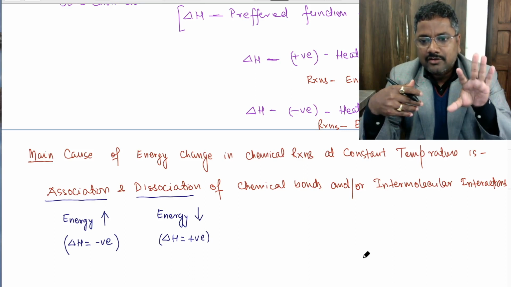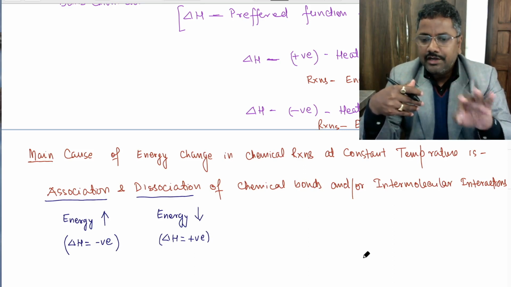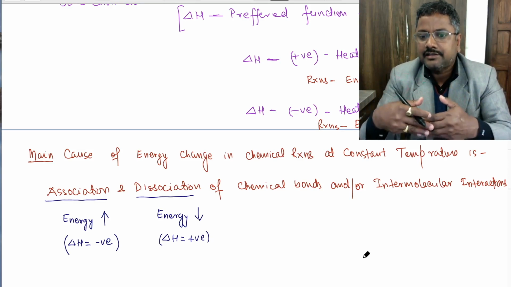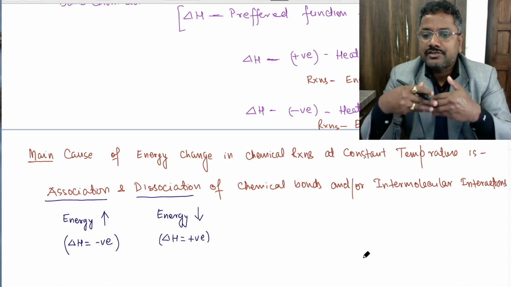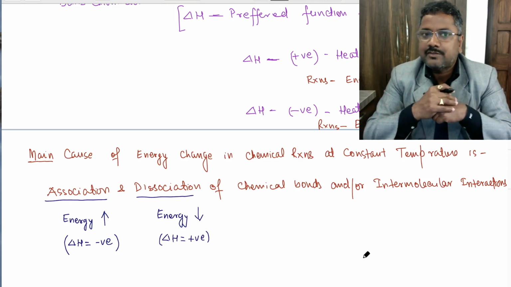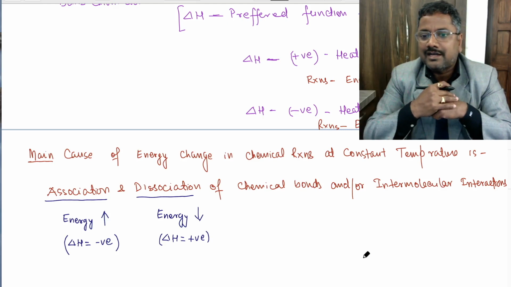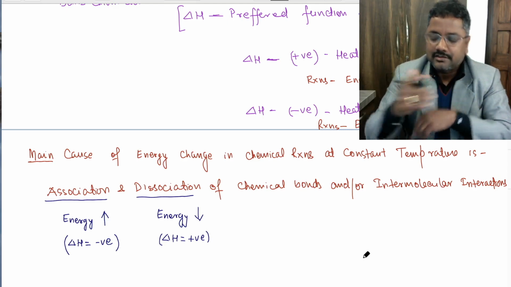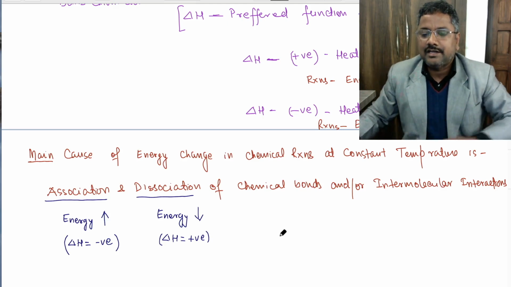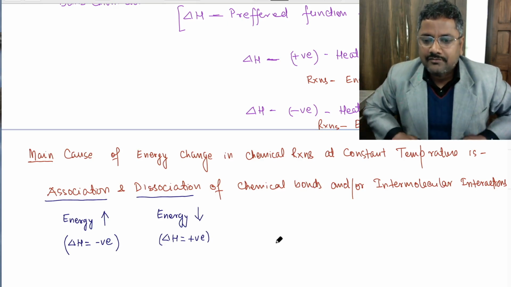Every property we have defined applies here also. The only difference is that in chemical reactions, we take this heat change at constant T and constant P. But in physical processes where only expansion and compression take place, we take constant pressure only, not constant temperature, because in that case delta H would be 0, right? So this is the overview of delta H.